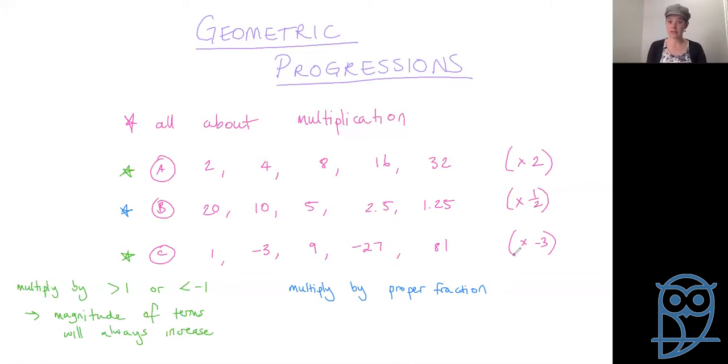And we're not using 0, but we're talking here half, minus a third, 2/7, 5/9, anything that's a proper fraction. Then our magnitude of terms is always going to decrease. As we go further and further into that sequence, our term size is going to get smaller and smaller and smaller.